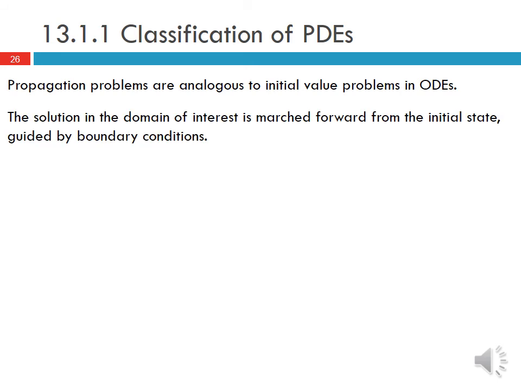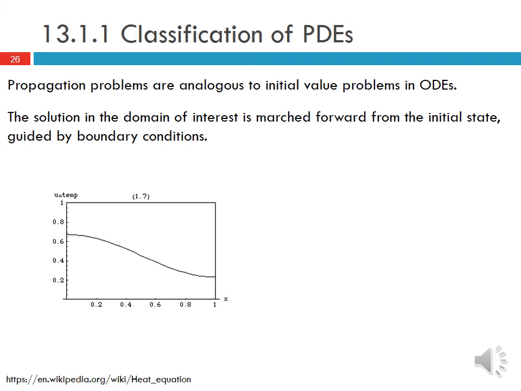The solution in the domain of interest is marched forward from the initial state, and it's guided by the boundary conditions over time. So for example, you can see here, this is the temperature on this axis, and this is the space along the bar, and then you can see over time this changes, so that it marches forward in time, and then we reach eventually some steady state.